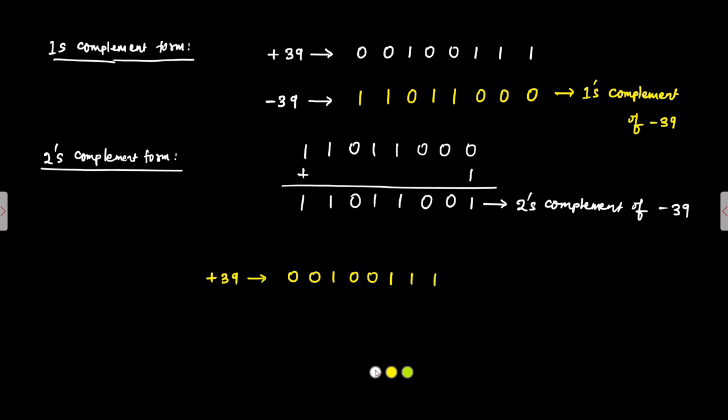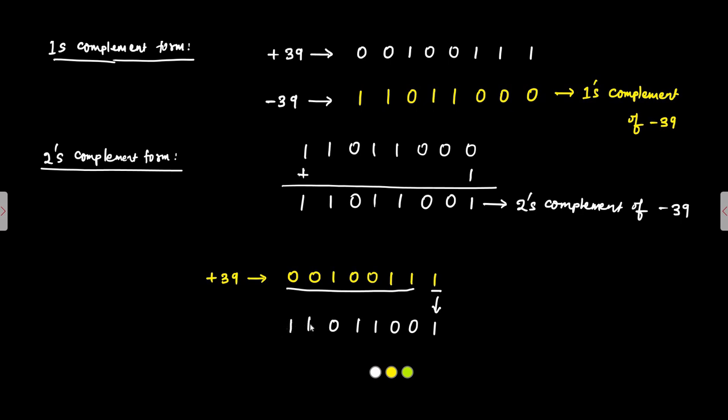We start with the LSB position and move until we arrive at the first 1 bit. Here the LSB itself is 1, so we keep it as it is, and the remaining bits we invert: 1 will change to 0, 0 will change to 1.